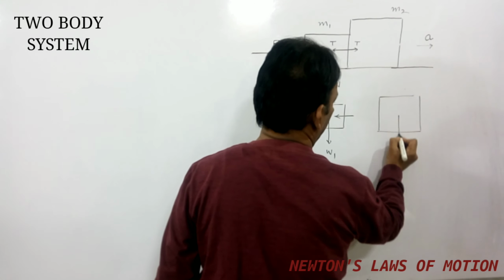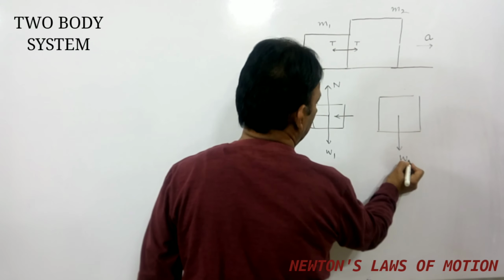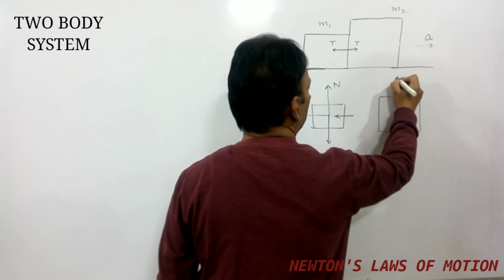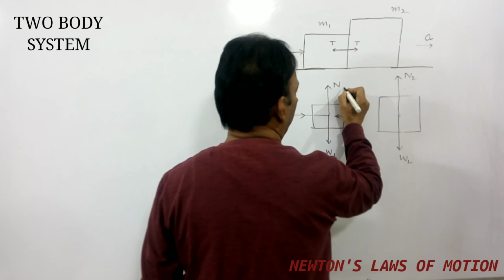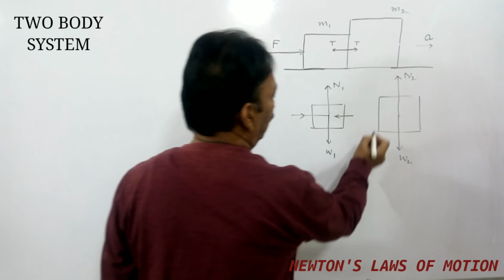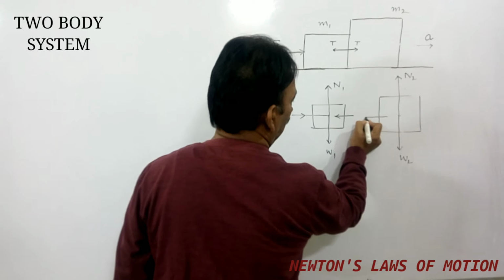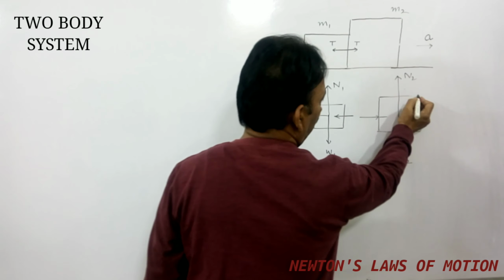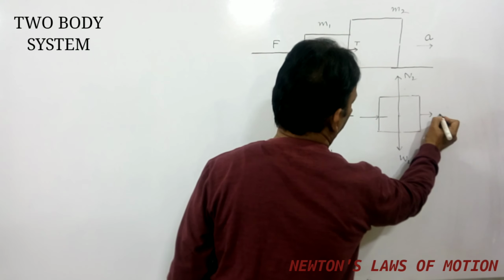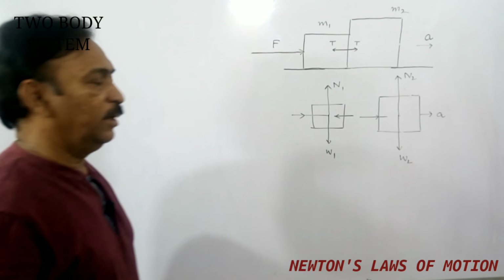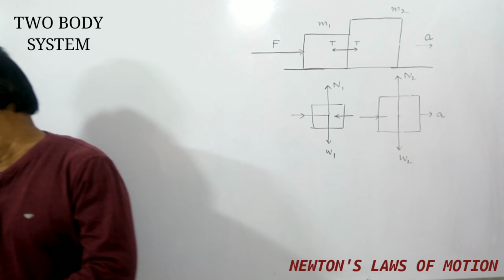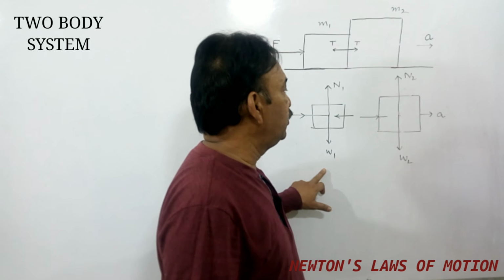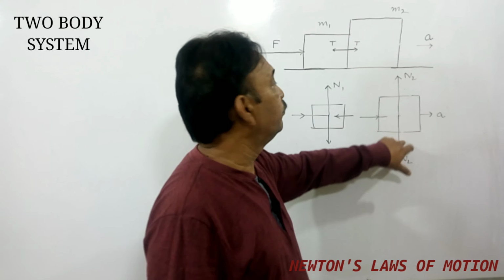The weight W2 acts vertically downwards, and there is the normal reaction N2. A force is acting on it, the contact force, which is providing acceleration to this body. In this diagram, the weight and normal reaction cancel each other, and here also the same thing will happen.